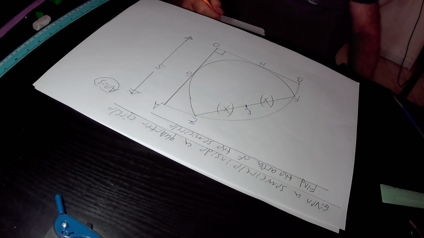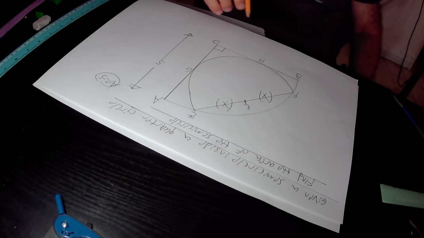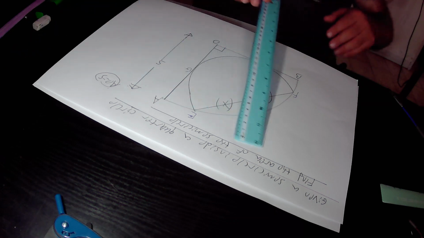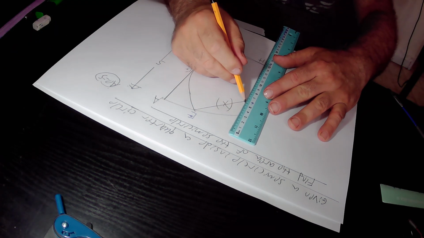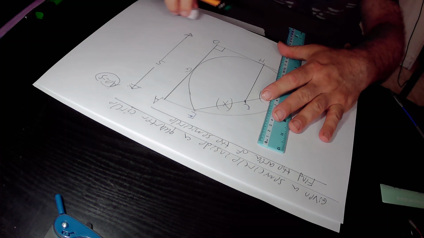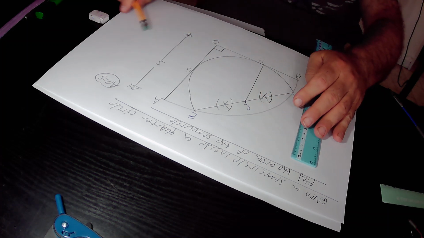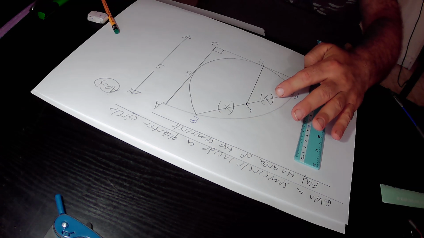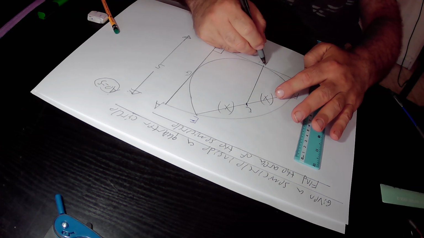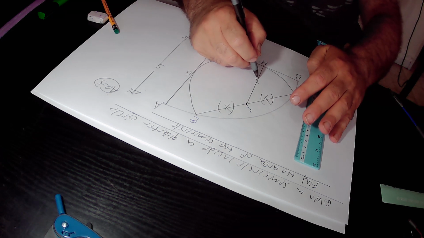In the next step, we will join point C and H together by a straight line. CH is the radius of this semicircle. According to our definition, the radius of this semicircle equals x, therefore CH equals x.